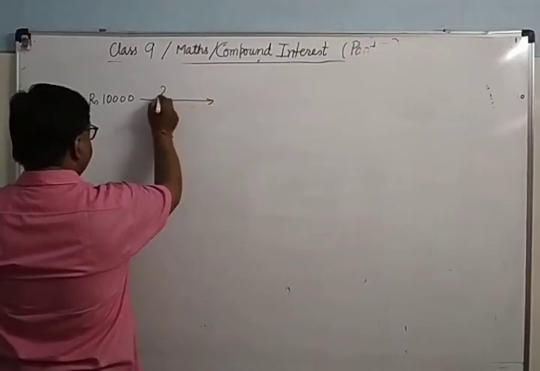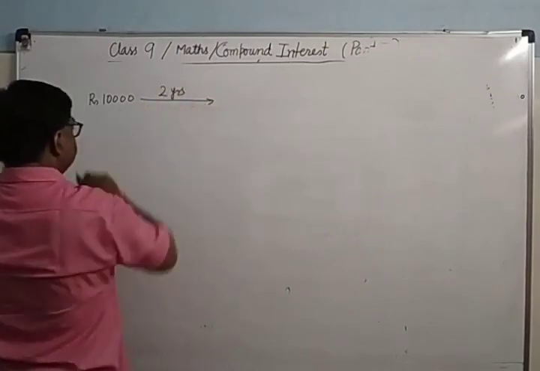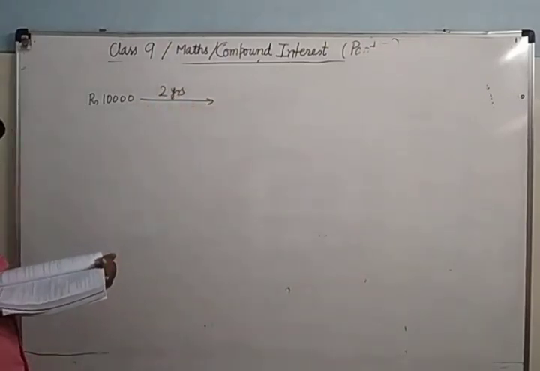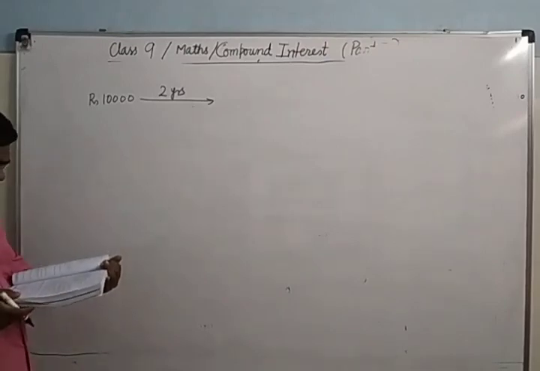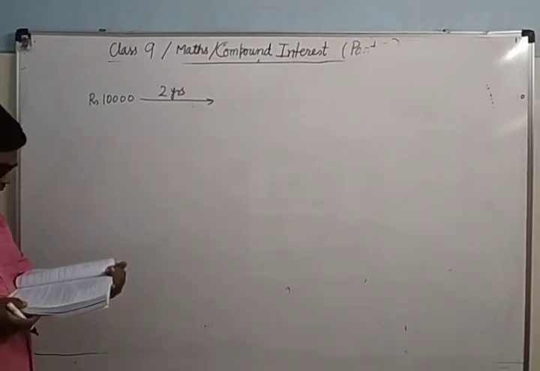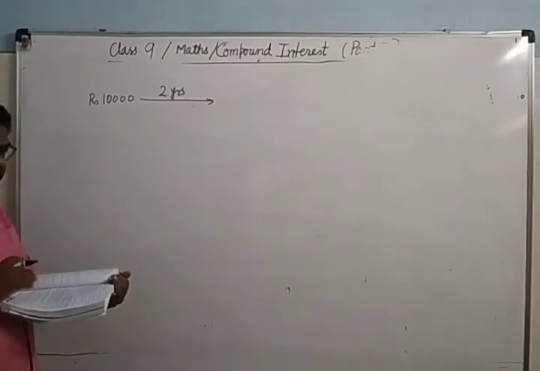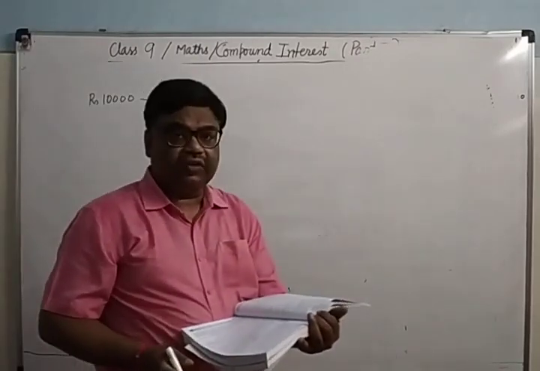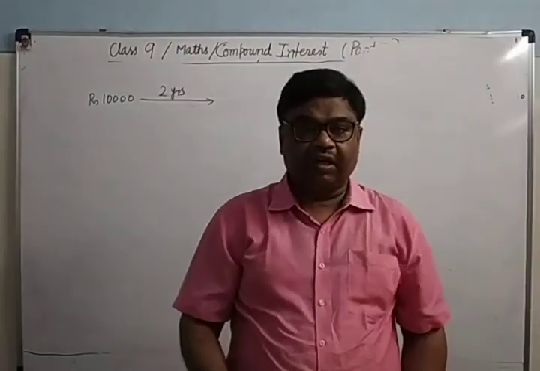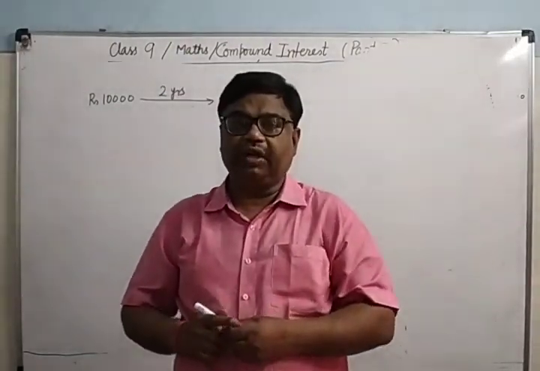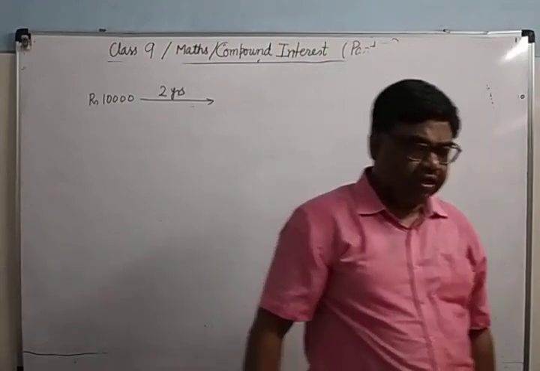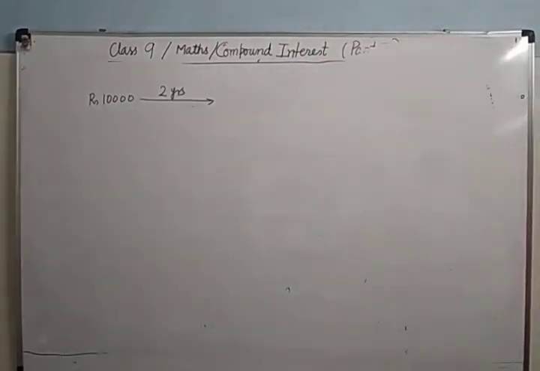The total time for which it is invested is 2 years. Here it is said compounded annually, which means interest is paid after every year. Compounded annually means interest is paid after every year. It's clear.